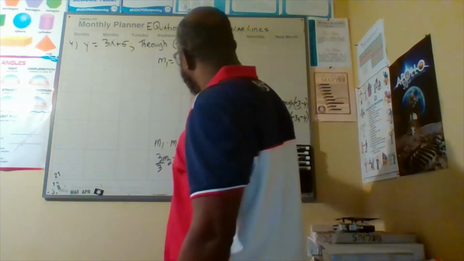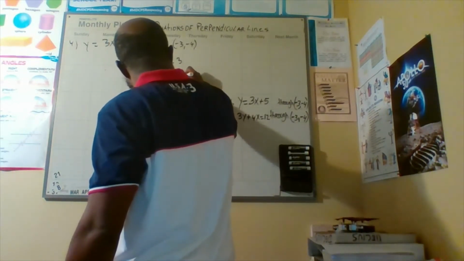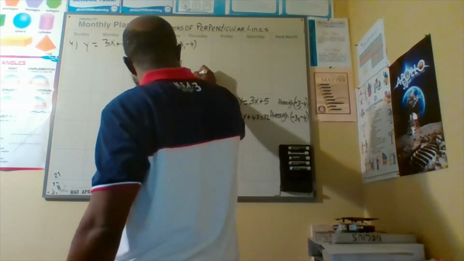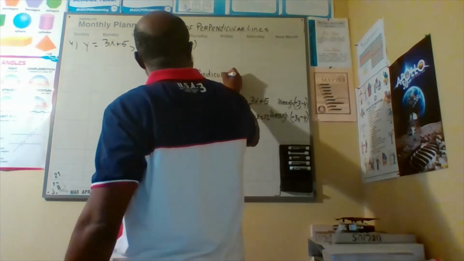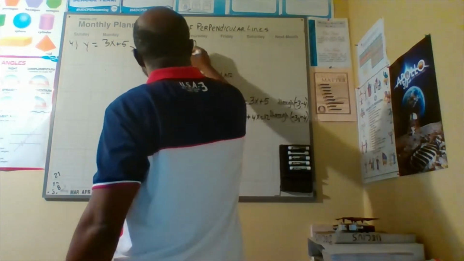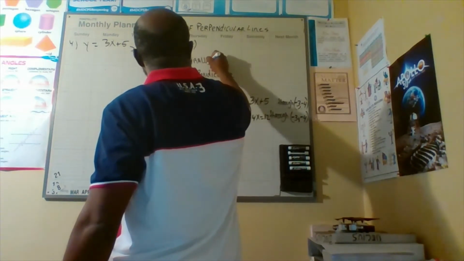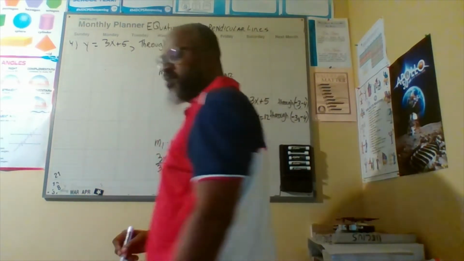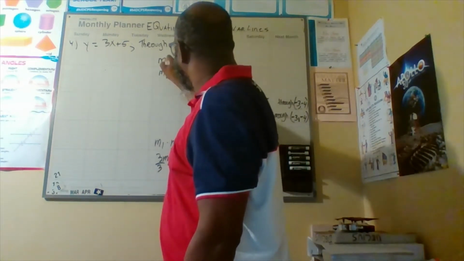This slope that is perpendicular to 3 is -1/3. This is the perpendicular slope, and this will be the parallel slope. You don't need the parallel slope because you're not writing a parallel equation, you're writing an equation that is perpendicular. Therefore, we don't need that. We need to use this one.